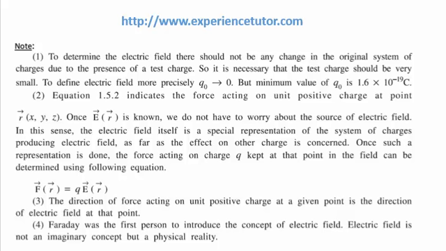In this sense, the electric field itself is a special representation of the system of charges producing electric field as far as the effect on other charges is considered. Once such a representation is done, the force acting on charge Q kept at that point in the field can be determined using the following equation: F(R) is equal to Q E vector R.